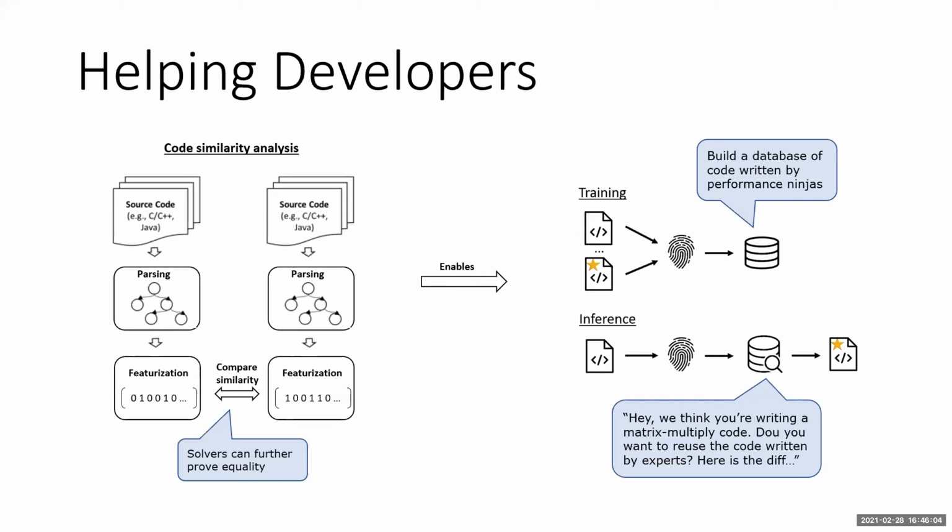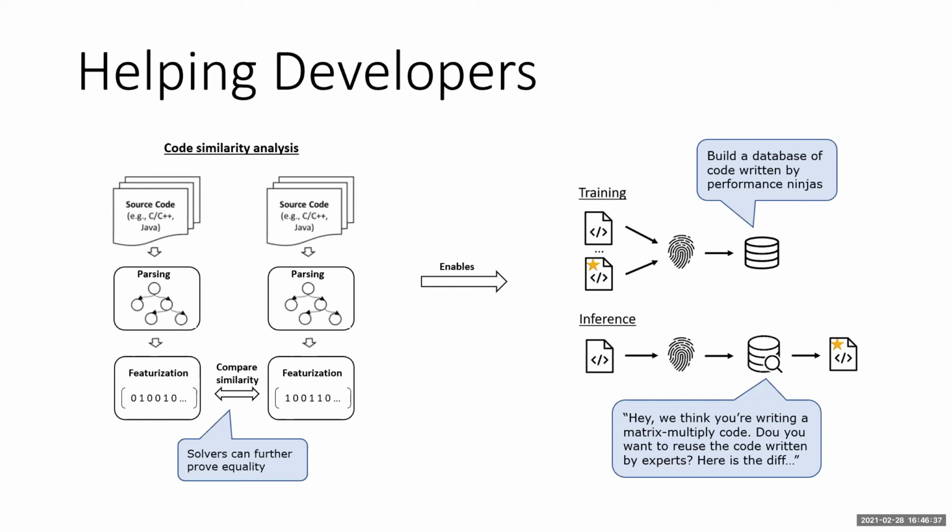So imagine that we, for example, collect a database of the code written by performance ninjas. You can view it as, for example, the best version of, let's say, matrix multiplication code for AVX2 processors. And then the next time a developer writes something similar, we recommend the already existing, best performing version to the developer.